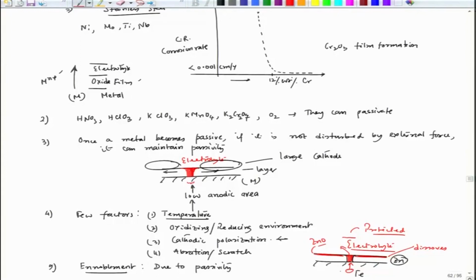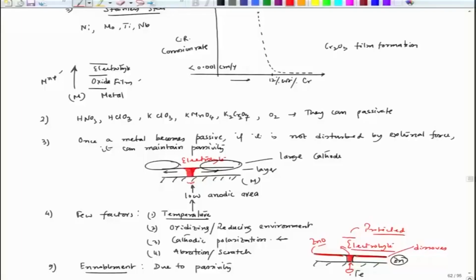Initially zinc was anode, that means it was the negative terminal in the galvanic coupling, but once it forms zinc oxide it becomes positive, cathodic to the small opening in that coating. In that case this segment will dissolve rapidly, and zinc oxide will remain as a cathodic layer.